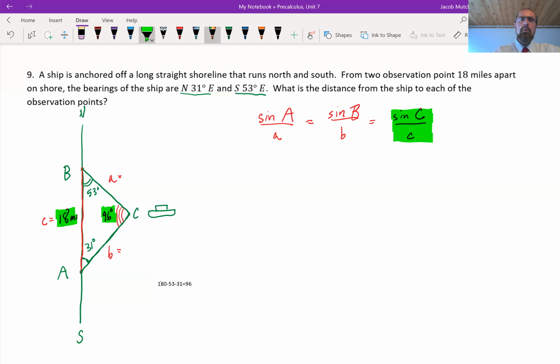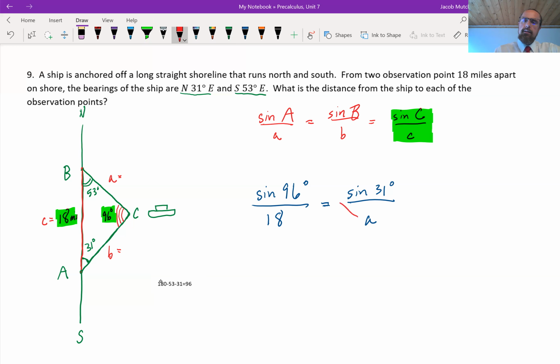So let's set up our equations. Our first equation is going to be sine of, we'll start with our C, 96 degrees over 18 miles. That's the one that we can complete, and it's going to equal, let's solve for A, sine of A, which is 31 degrees, over side A. Remember, to solve an equation like this, a proportion set up by the law of sines, we cross multiply.